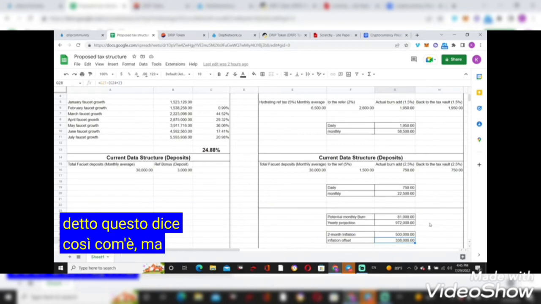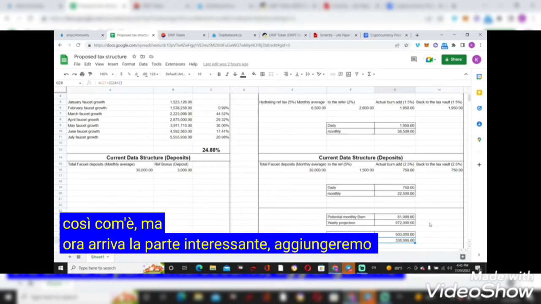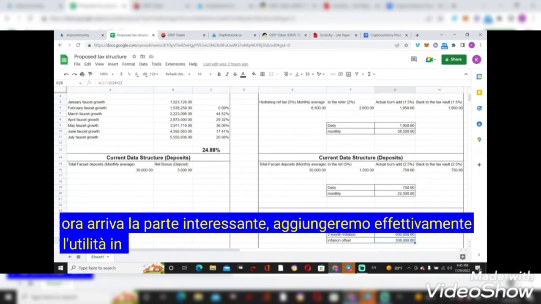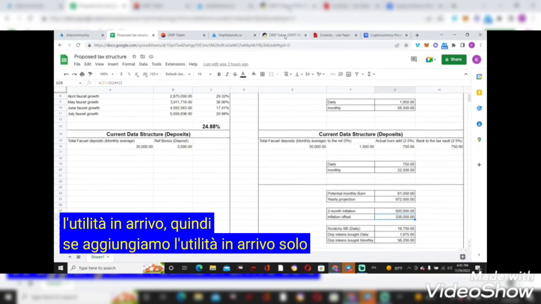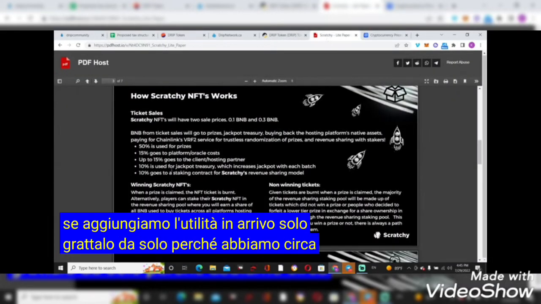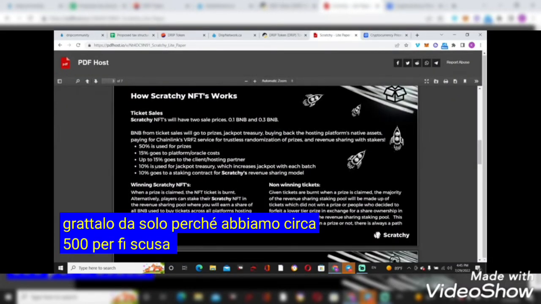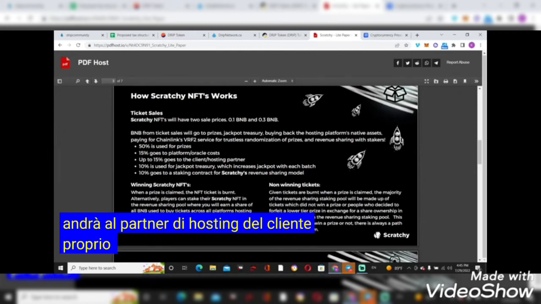Now, like I said, this is as is. But now comes the cool part, we would actually add the utility coming up, right? So if we do add the utility coming up, just Scratchy alone, because we have about 15% that is going to go to the client hosting partner, right? Because I explained that in the previous video.